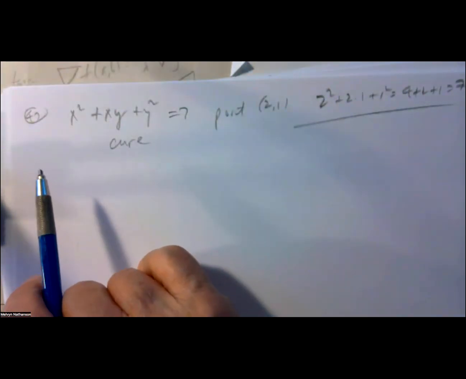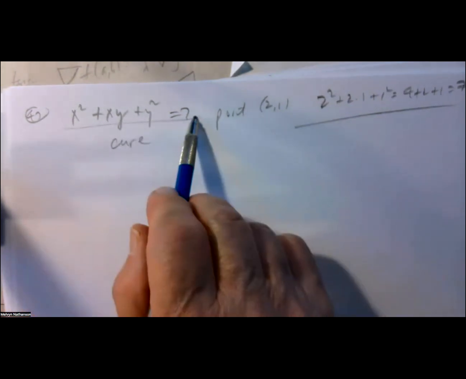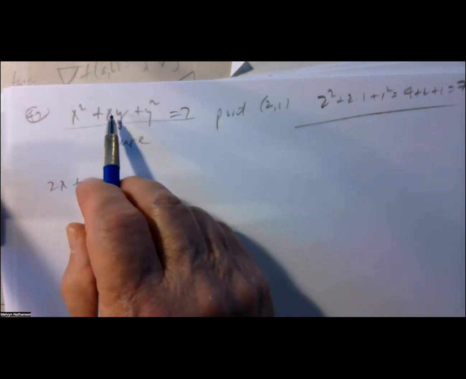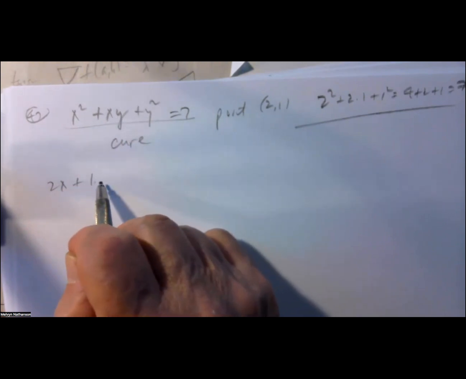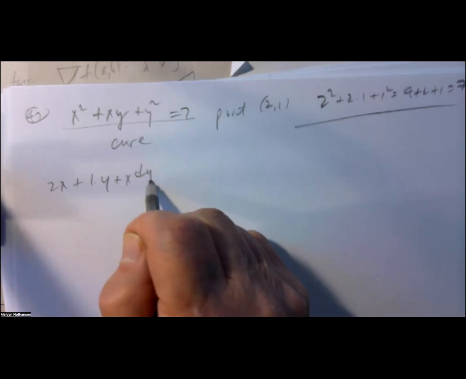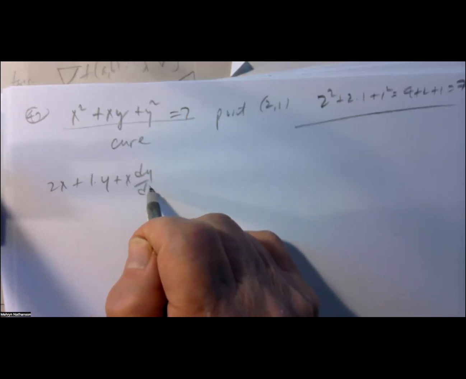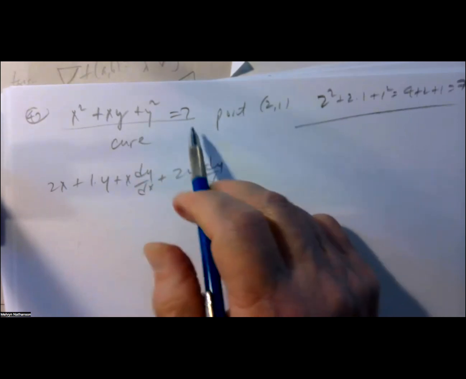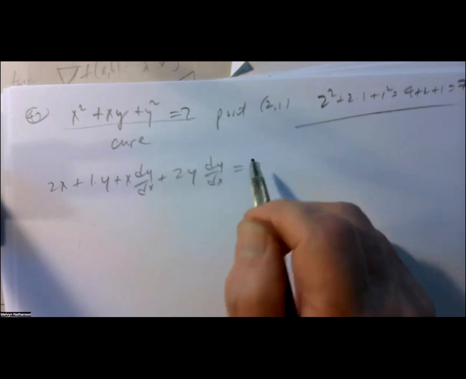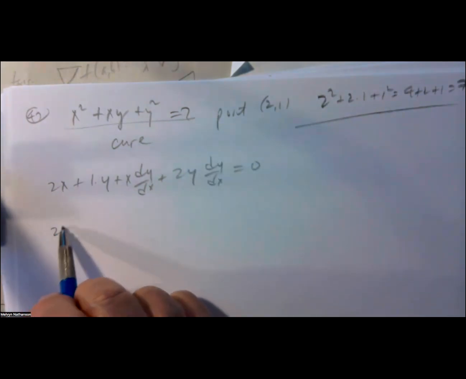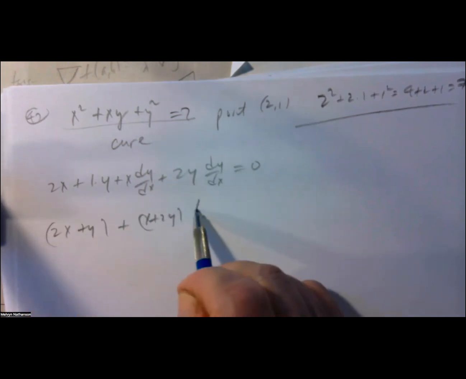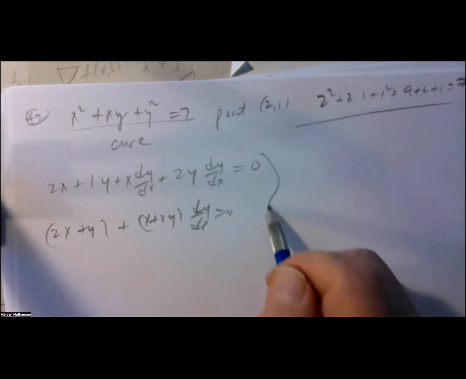How do I find the tangent line? I have to find dy/dx by implicit differentiation. If I differentiate this with respect to x, the derivative of x squared is 2x. The derivative of xy is the derivative of x, which is 1, times y, plus x times the derivative of y, plus the derivative of y squared, which is 2y dy/dx, equal to the derivative of 7, which is 0. So this says 2x plus y plus (x plus 2y) dy/dx is 0.